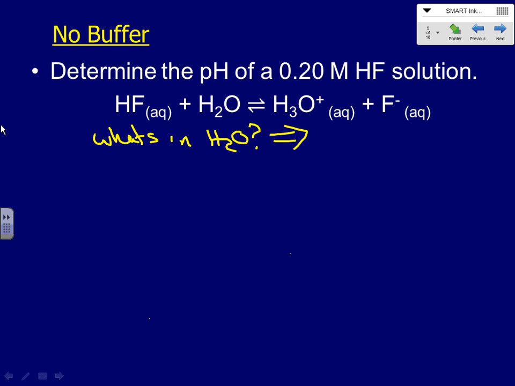And it's really simple. There's not a lot in the water here. There's a very little amount of substance in the water. What compound is in the water? Christian's batting 1,000. What do we got? HF. HF is in the water.